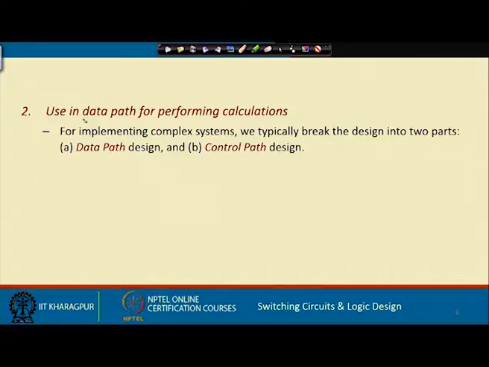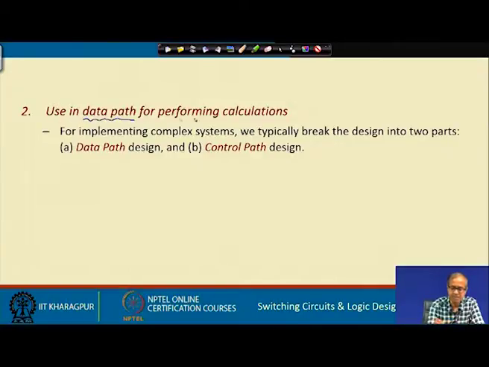Let us take a couple of examples to illustrate how such designs can be carried out and how these registers can be used there. So, this application talks about something called data path. Registers can be used in data path for performing calculation. We shall explain what is meant by data path.